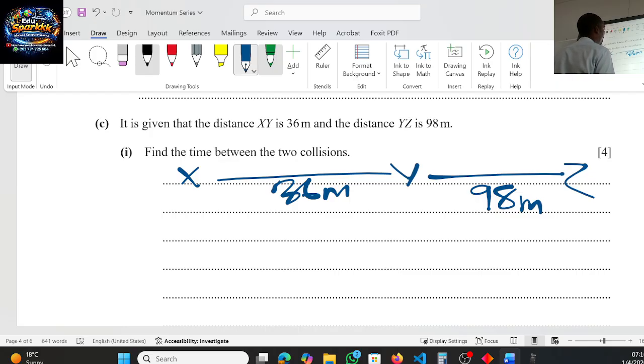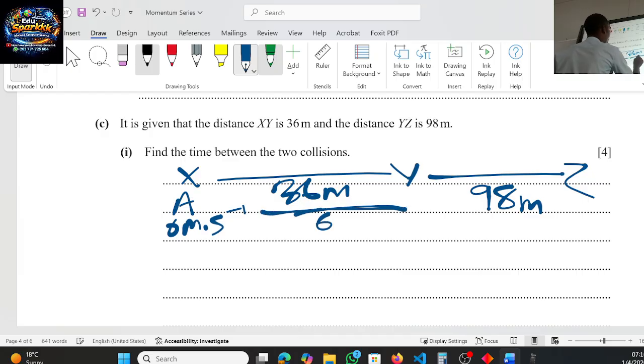So the first collision happens after 6 seconds, because the object A was moving at 6 meters per second. So in essence, to move through this distance, it needs 6 seconds. When we divide distance by speed, we get time.